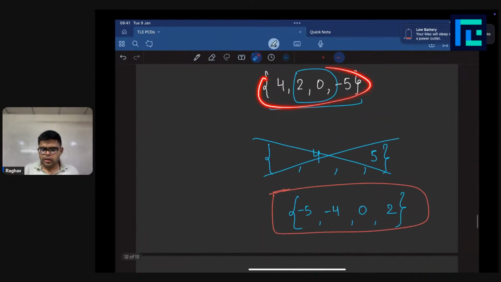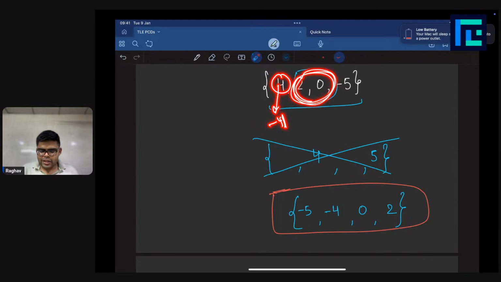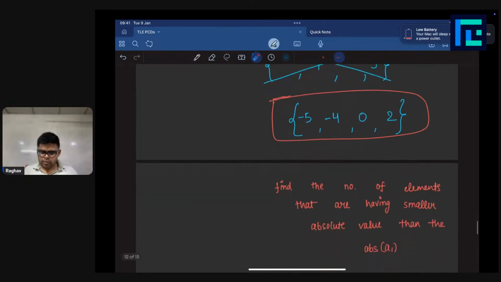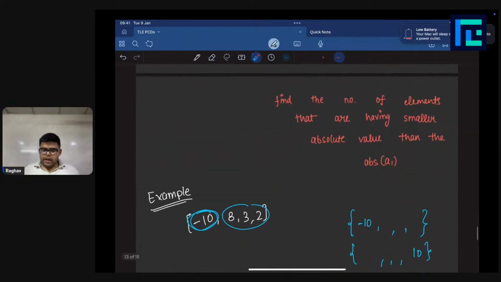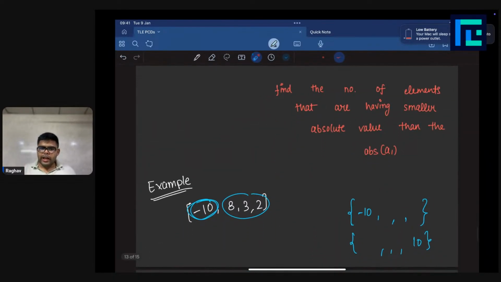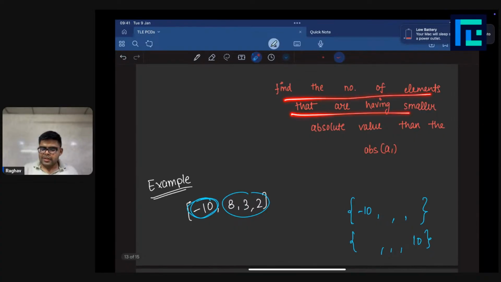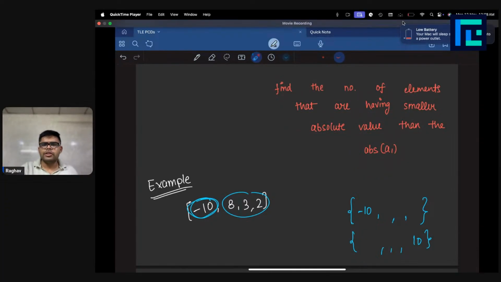So for making sure that 4 becomes the median here, what we did is we made 4 to -4, so that these guys will be larger than -4 and this guy is already smaller. So we don't really need to apply an operation here. And from there on, we concluded that we need to find out the number of elements that are having smaller absolute value than the absolute value of A1, because for those people, we can't really do much.